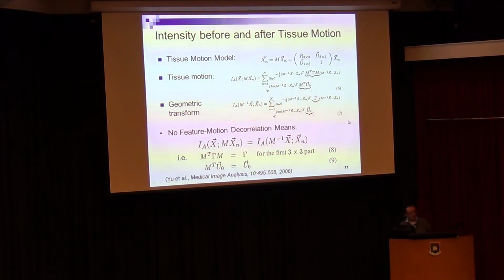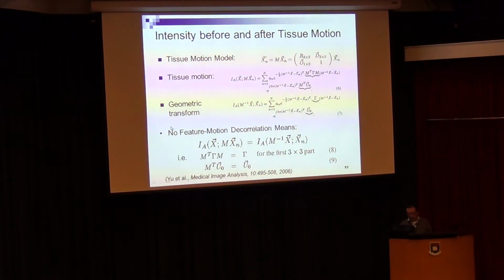When people make the assumption that the tissue has no speckle motion decorrelation, which means that the tissue will not change after motion, then equations 6 and 7 should be identical. And in order for this to be identical, the parts that I highlighted with this underbrace should be identical.